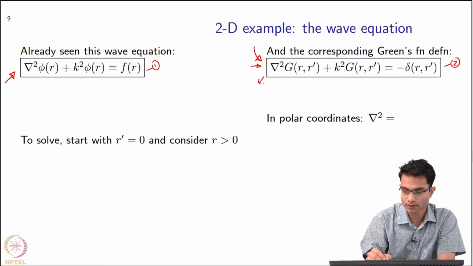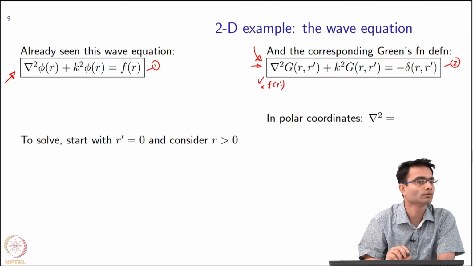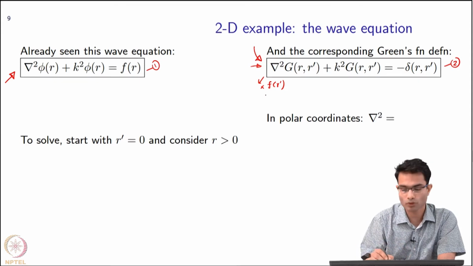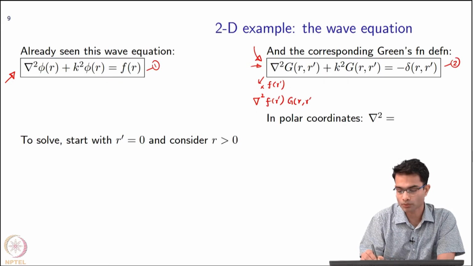So, I take this multiplied by f of r prime and then integrate both sides with respect to primed coordinates. So, f of r prime goes in because the operator only acts on the unprimed coordinates.